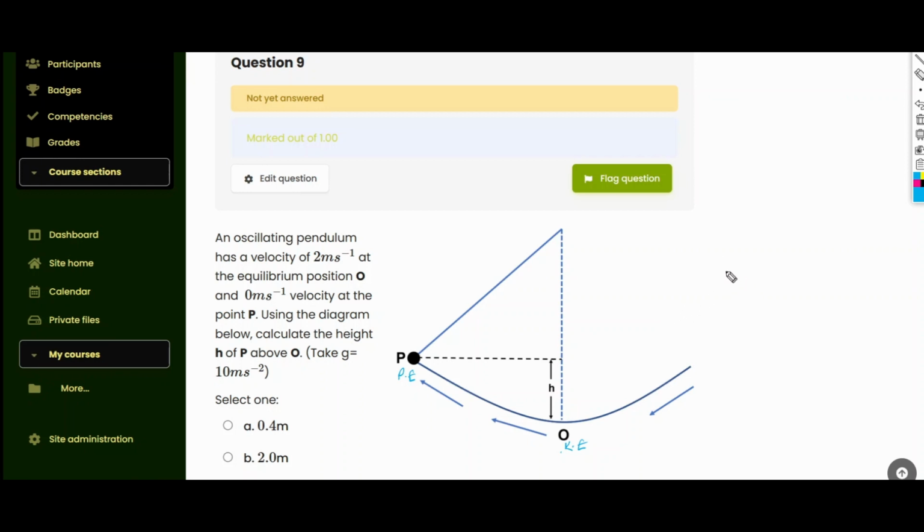So from this idea you can see that at this point it has the velocity as 2 meters per second, and at point P its velocity is 0. So you can see that as it's increasing here, this is the maximum displacement. So now we see that kinetic energy here is equal to the potential energy.